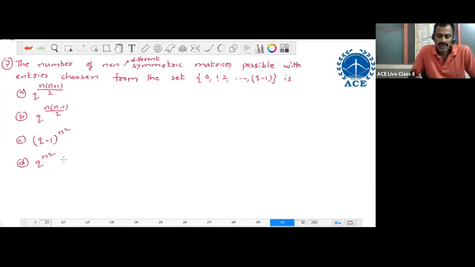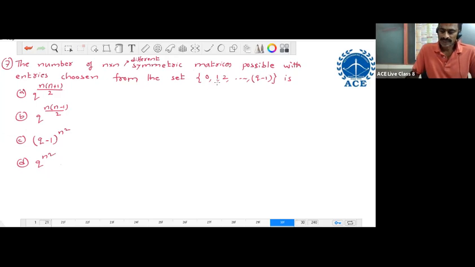The number of n by n different symmetric matrices possible with entries chosen from the set. For a matrix, entries means elements only.